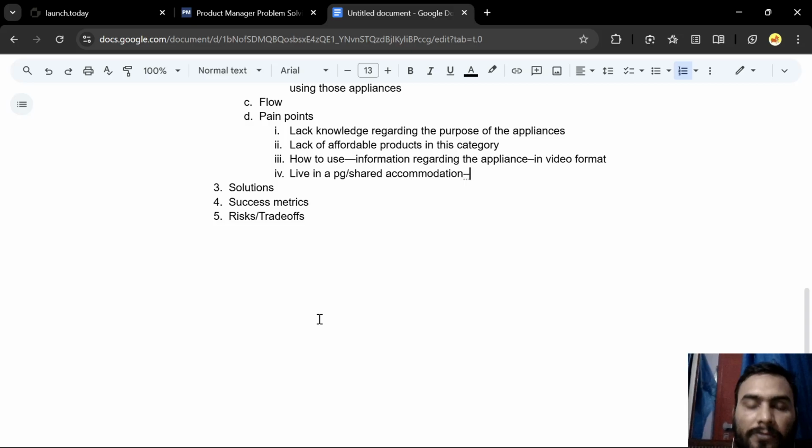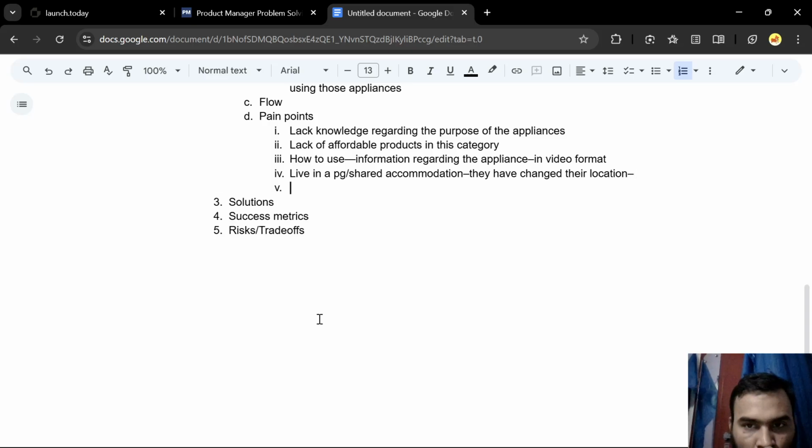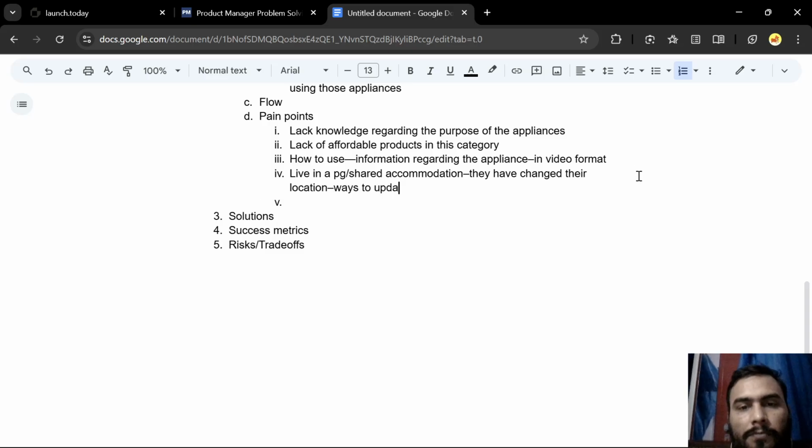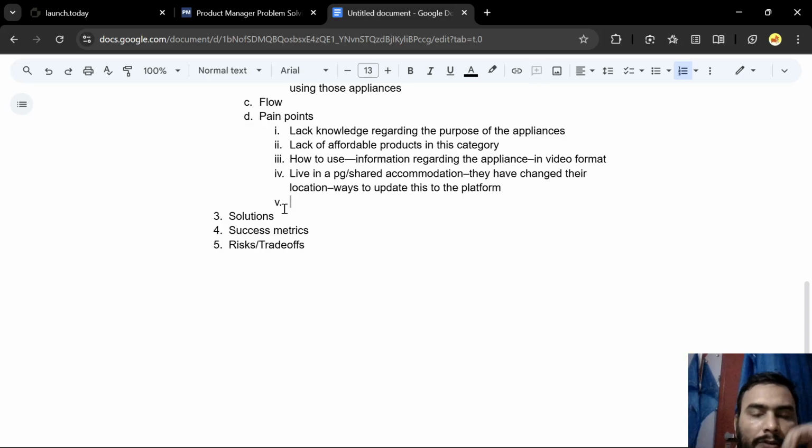So maybe they have changed their location, so the delivery and the rate of return matter, and maybe they are looking for ways to update this on the platform. So these are, I think, some of the pain points for the user group that we have selected.